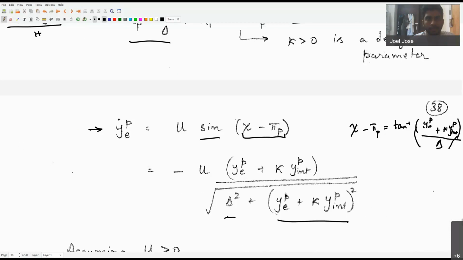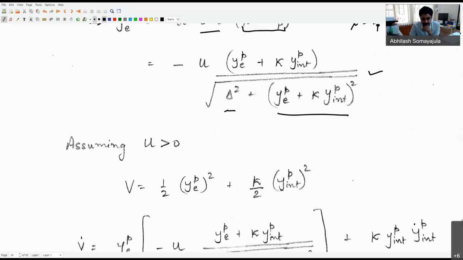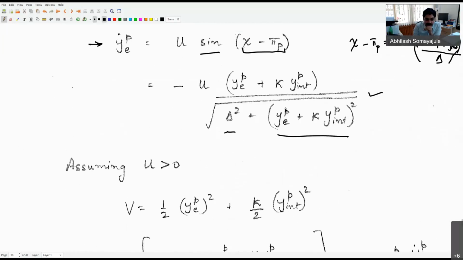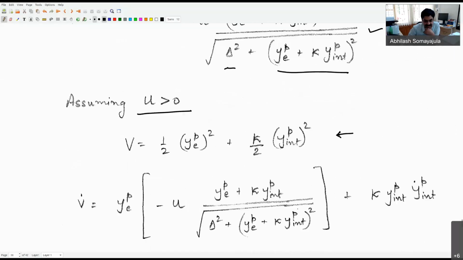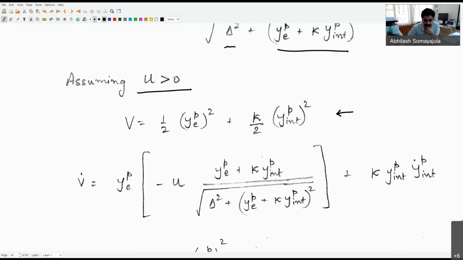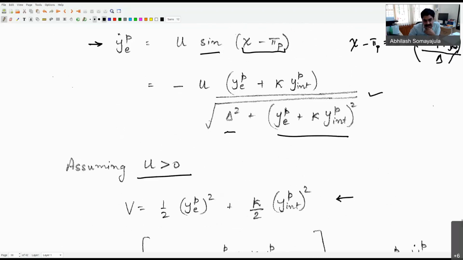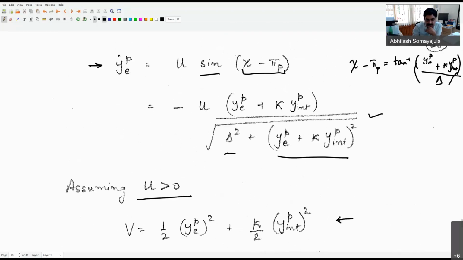So that is how I'm getting that the yp dot dynamics will be governed by this system. Now, if I assume that my u is greater than 0, which means I'm looking at some forward speed condition, I choose a candidate Lyapunov function, which is given by ype square by 2 plus k times yp int square by 2. And then when I take the derivative of it, the first term will become ype times ype dot, and ype dot can be replaced with this fellow.